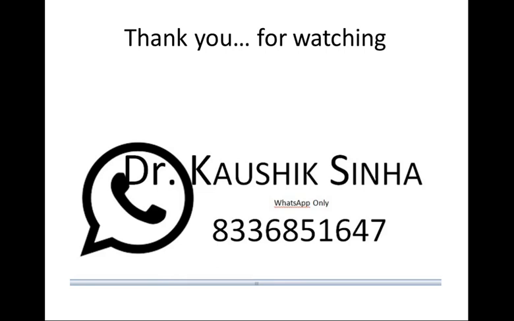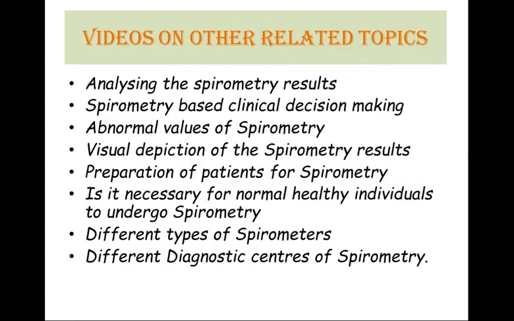Before I move away from this video, I should give you a list of the other things that one must know of spirometry. We will be preparing videos on all of these related topics. First is analyzing the results of spirometry, and second is how clinical decisions are taken based on the measurements of spirometry.